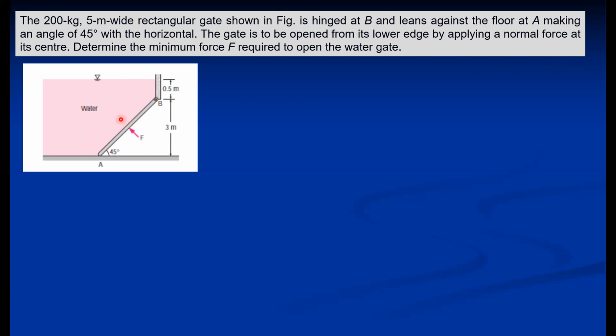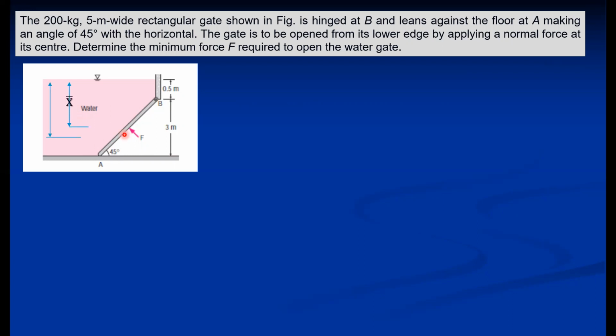So obviously, what is the force required by the water? That is the force exerted by the water on the surface on this side. So that much opposite force is required from this side. So here the x bar value, that is the center of gravity, is exactly 1.5 meter.